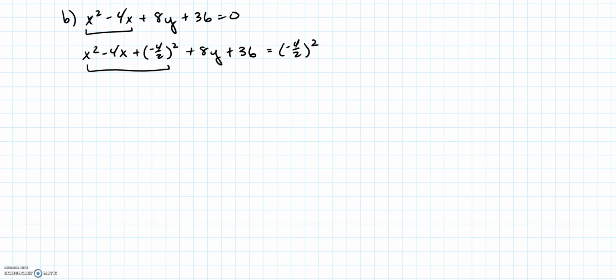So this guy becomes x minus 2 squared plus 8y plus 36 is equal to, see, that's negative 2 squared, so that's going to be 4.